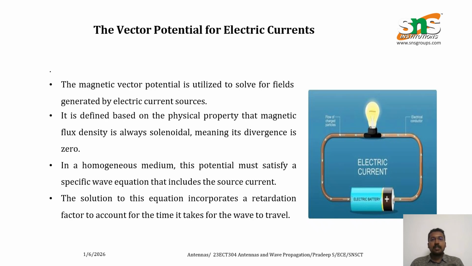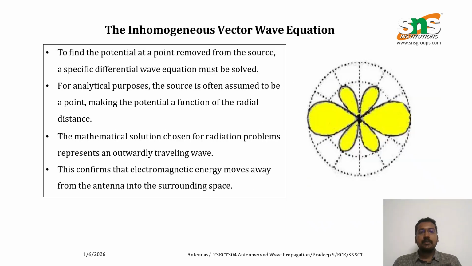In radiation problems, the mathematical solution selected corresponds to an outwardly propagating wave, ensuring physical relevance. This outward traveling wave solution confirms that electromagnetic energy radiates away from the antenna and propagates into the surrounding space.